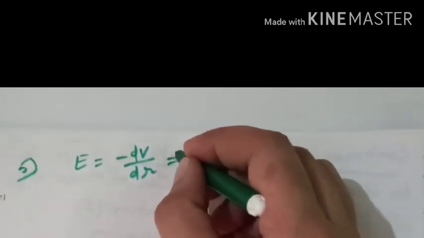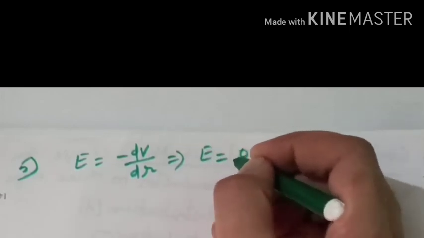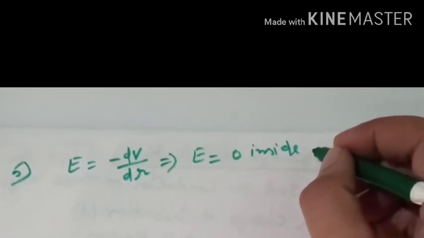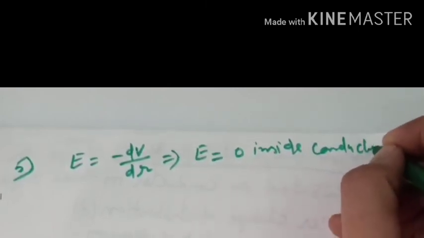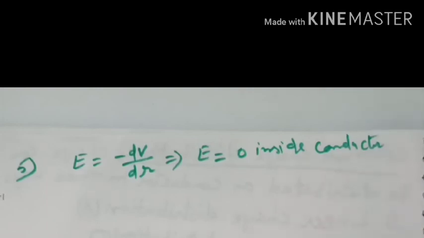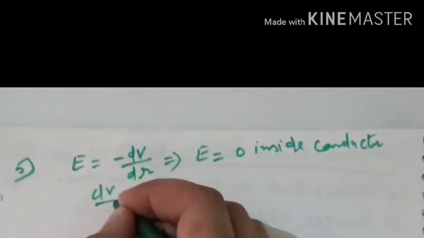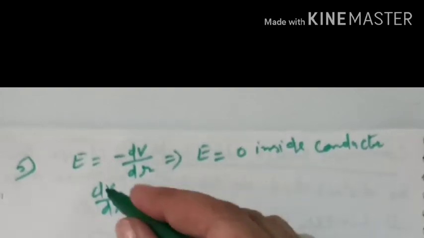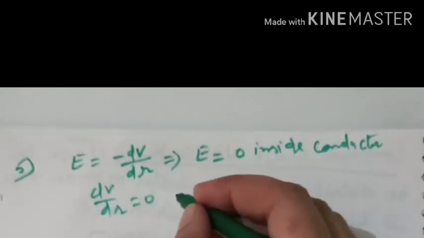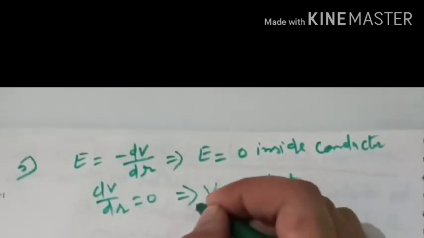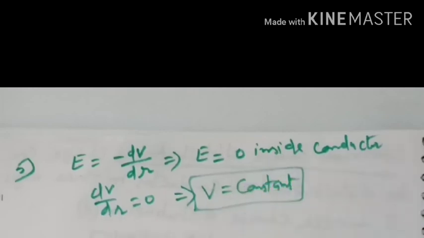The electric field inside the conductor is 0, because charge always resides on the outer surface of the conductor. There is no charge inside the conductor. So if E is equal to 0, then dV by dr is equal to 0. The derivative of any quantity being equal to 0 means it is constant. So potential is constant. Thank you.